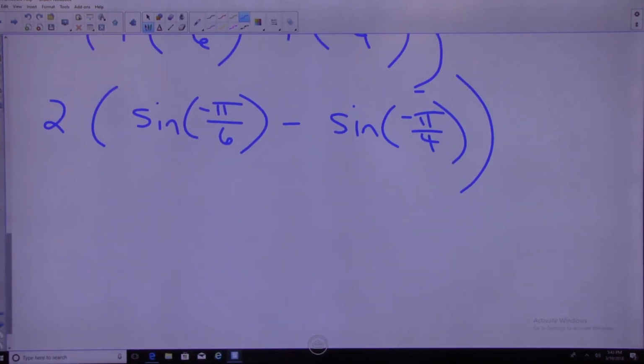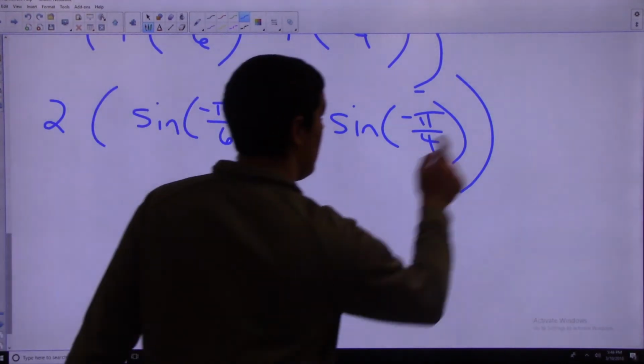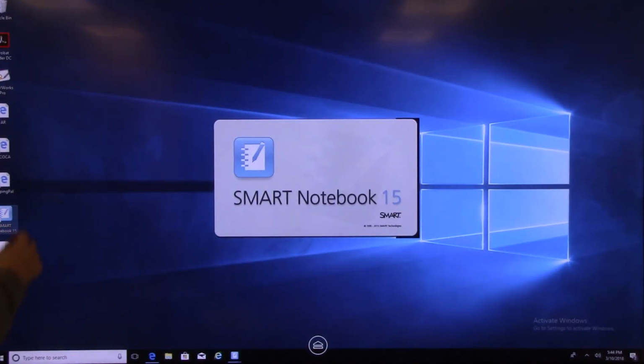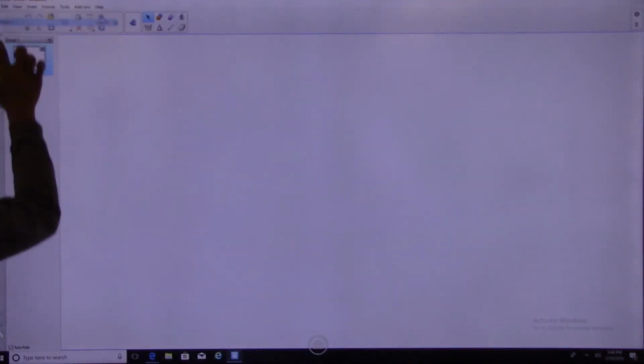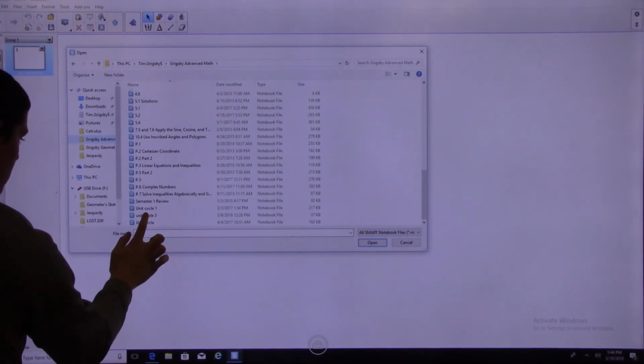We're going to have to use the unit circle here to figure this one out. Let me go to it real quick. I'll bring up a new page, go to advanced math, and we talk about unit circle.